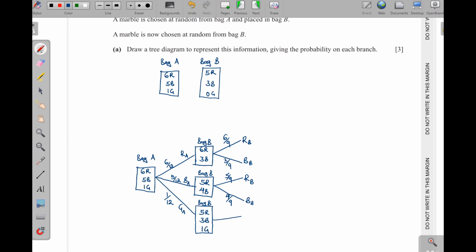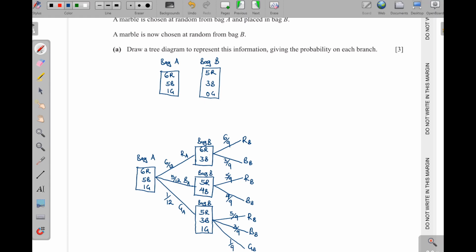So that means here we are having 3 outcomes when we pick. It is either red from B, blue from B, or green from B. So the probability of picking the red from here is going to be 5 over 9, not so? And then what else? This one's going to be 3 over 9 and then 1 over 9, okay?